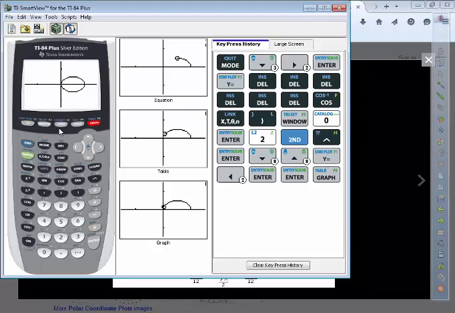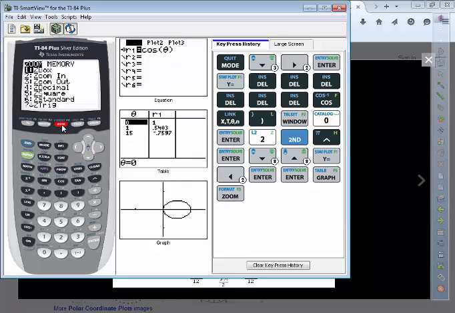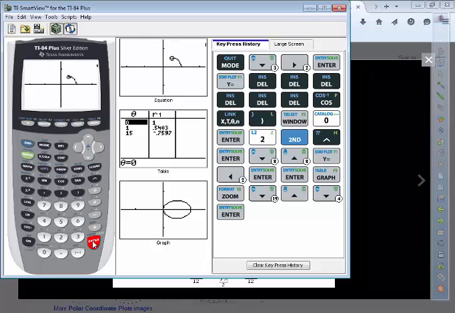I think there's a way to zoom. Zoom box, maybe? Because the window screen is stretched out, so whenever you try to draw a circle, it looks like an ellipse. But let's see if zoom box would work. Oh, square. Okay, let's see if zoom square would work. That looks more like a circle.